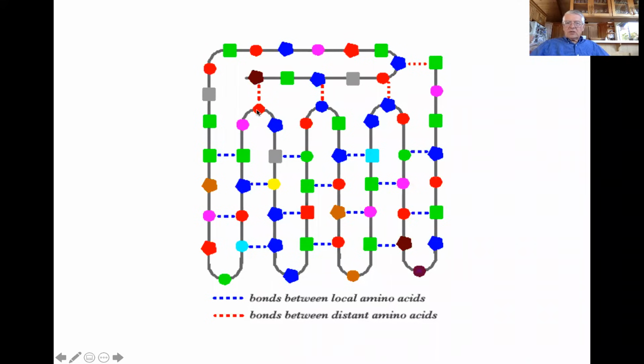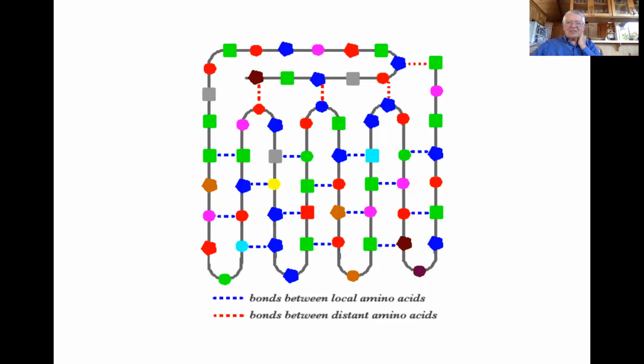And so it starts out as just a long chain and it kind of flops around until you've got the maximum binding sites that can be achieved. This is called protein folding. It's one of the big challenges of molecular biology to figure out how it gets the right amino acids stuck to their corresponding amino acids somewhere else in the chain.